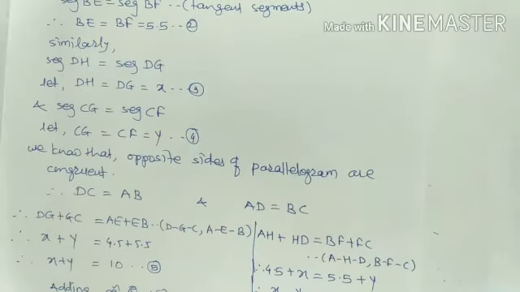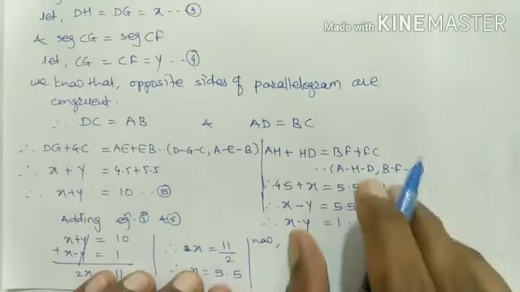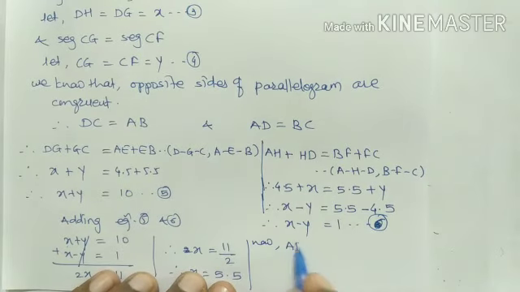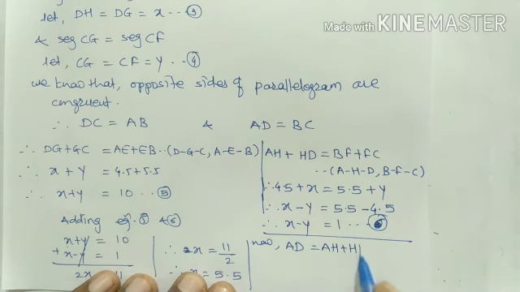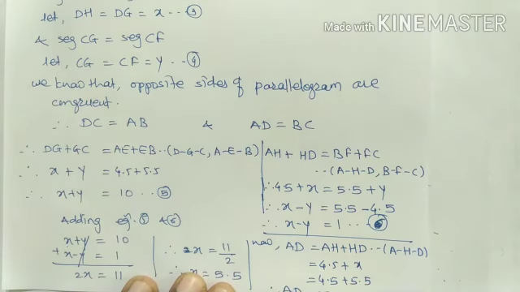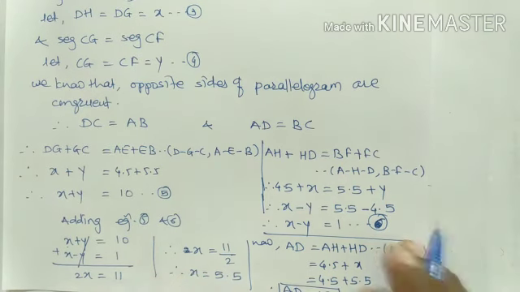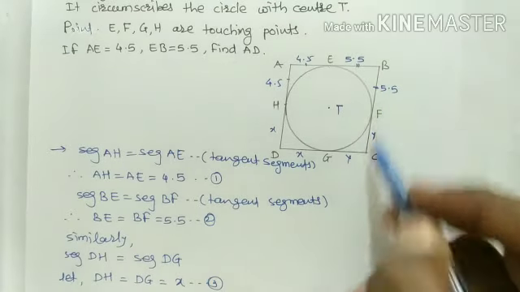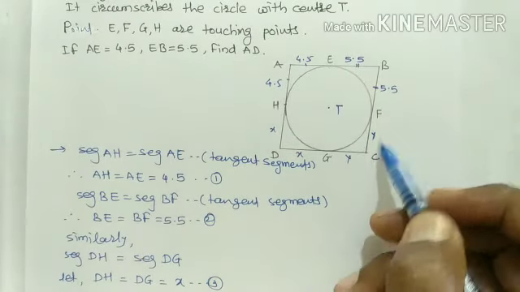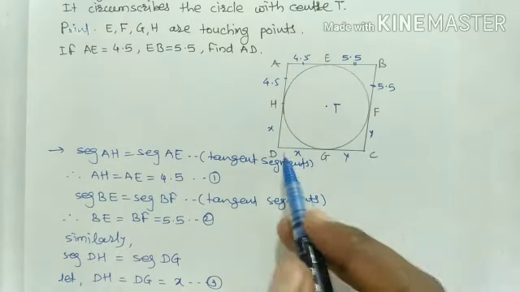Now this AD equals AH plus HD, because A-H-D, that is 4.5 plus x, that is 4.5 plus 5.5 equals 10, and therefore AD equals 10. AD ची व्हॅल्यू आपण फाइंड केली 10. जरी BC ची फाइंड करा म्हणून सांगितलं असतं तर AD equals BC, opposite sides of parallelogram, therefore BC equals 10. Here AB equals also 10, CD equals 10.